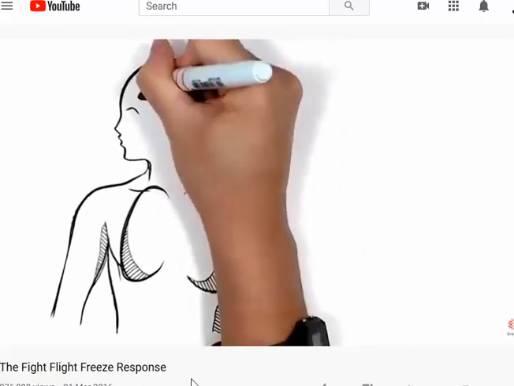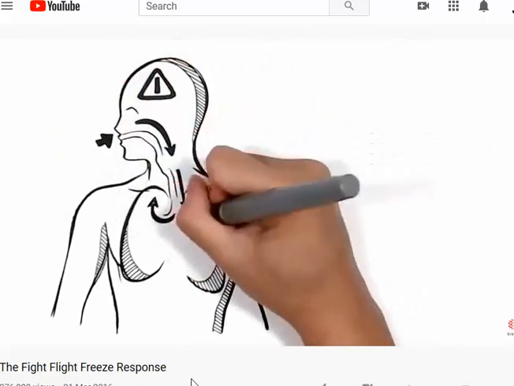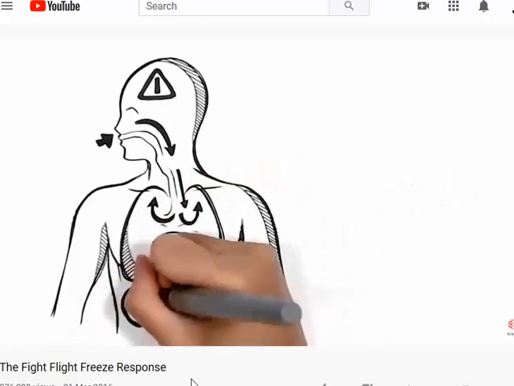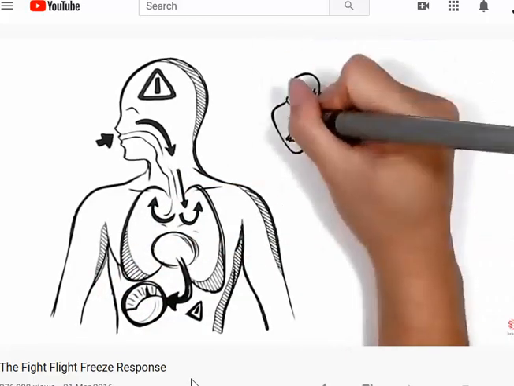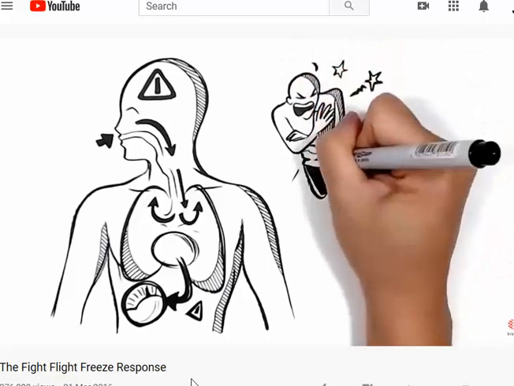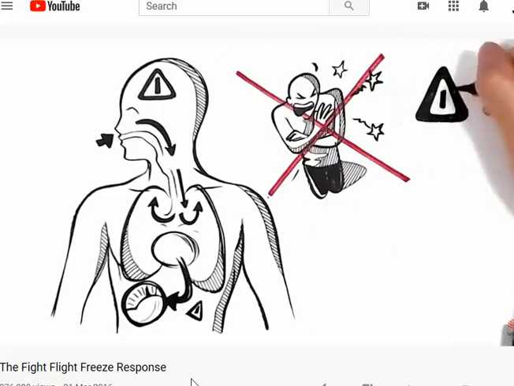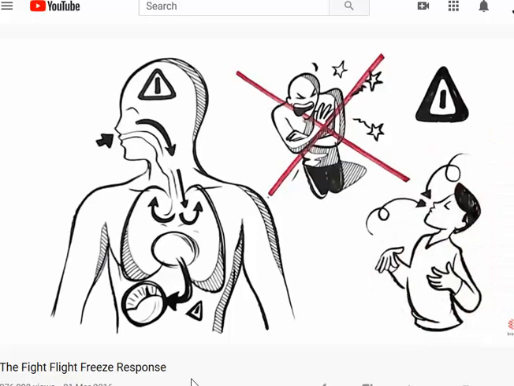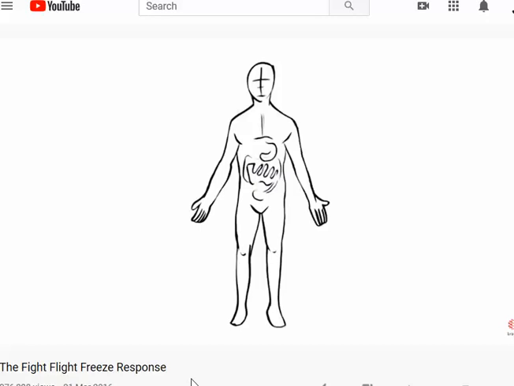When the FFF alarm is sounded, we start to breathe more quickly and shallow, causing hyperventilation, and our heart starts beating very fast. These changes can cause strong chest pain, which many people interpret as symptoms of a heart attack, when in fact it's just a result of the FFF activation, which can be relieved through breathing exercises. As a way of getting you ready for action, blood is diverted towards the major muscle groups.